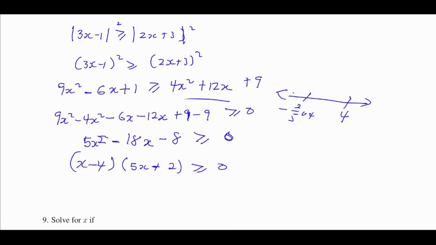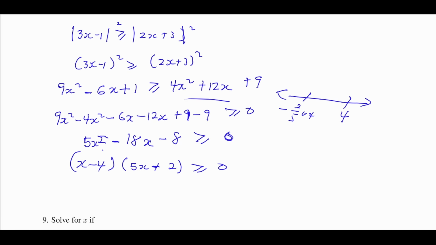So we test values. If I put negative 0.5 here, negative 0.5 minus 4 will give me negative 4.5. And then for 5x plus 2, negative 2.5 plus 2 will give me negative 0.5.